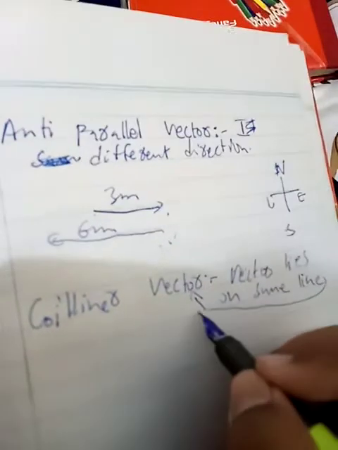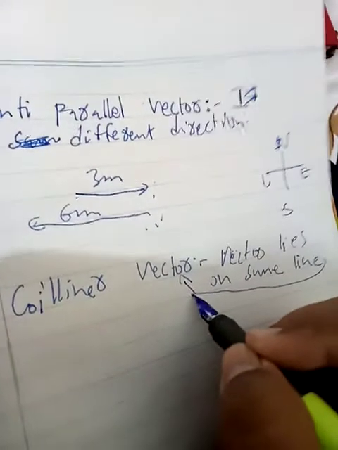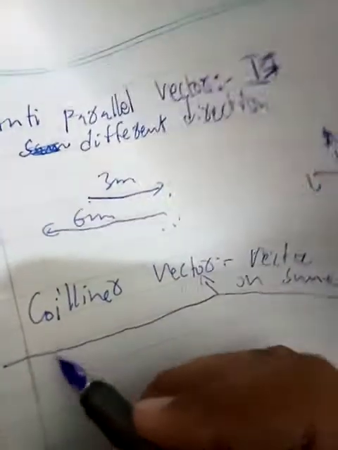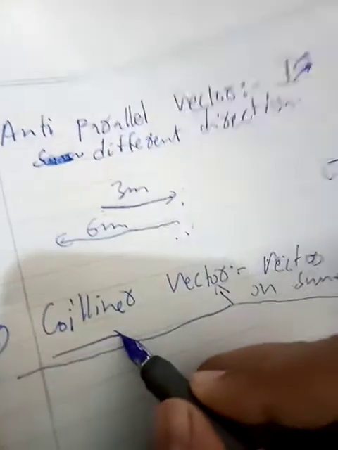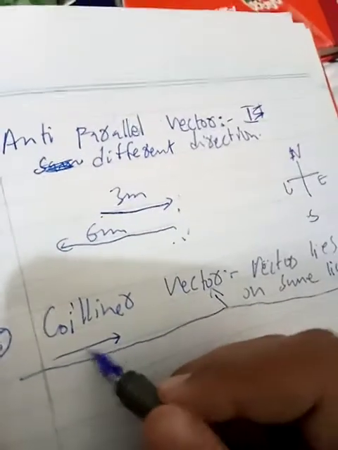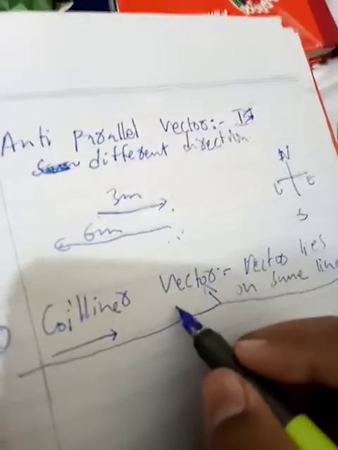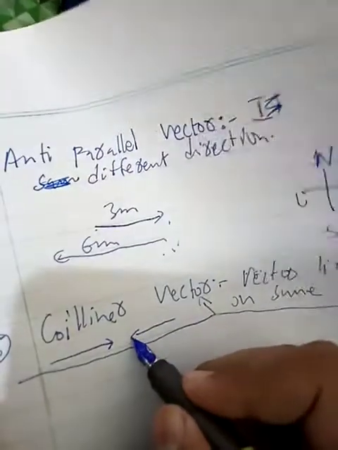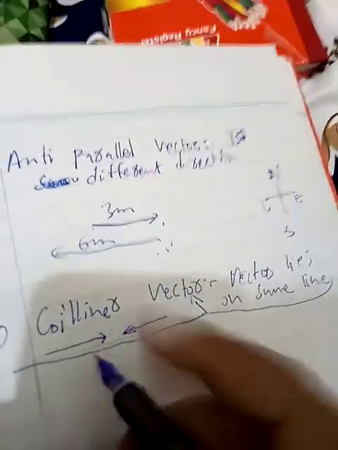For example, this one is the line, and here we have a vector like this, with any magnitude and any direction, but they should be on the same line. So these vectors are called collinear vectors.